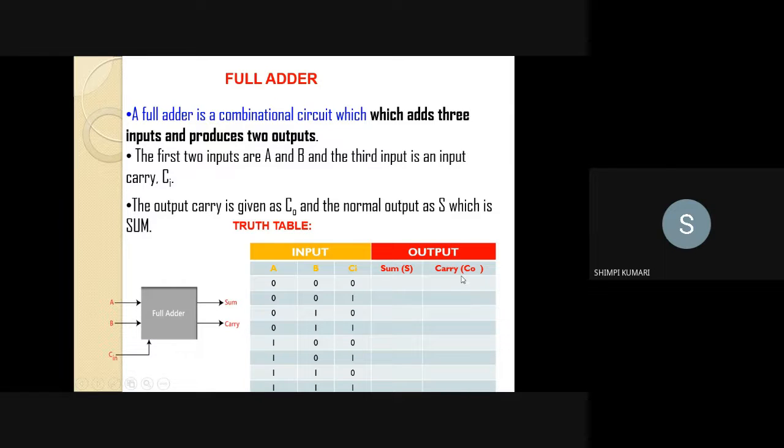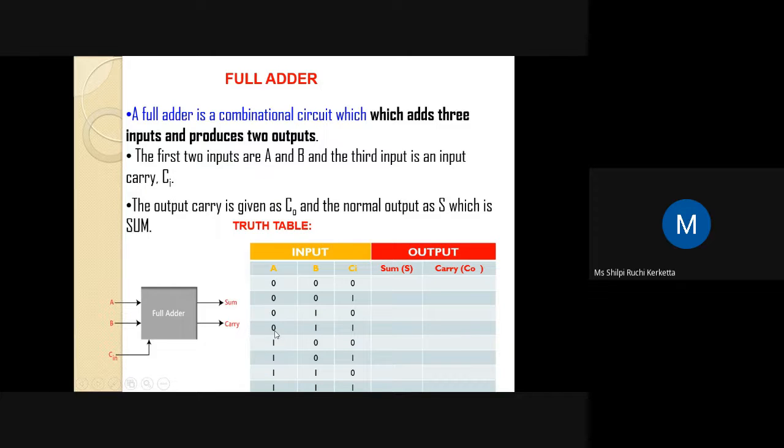If we add 0 plus 0 plus 1, what will be the sum? 1, and carry 0. If we add 0 plus 1 plus 0, then what will be the sum? 1, and carry 0. And here we have two ones.